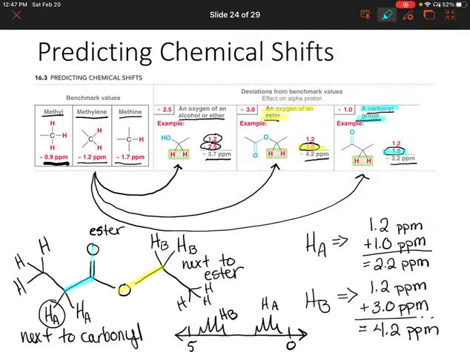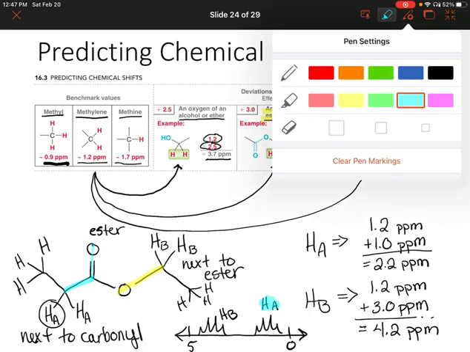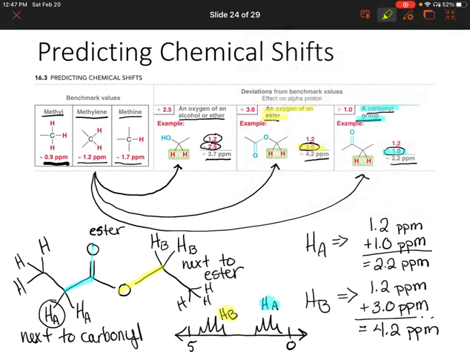All right, so we've got HA and HB, and they're both going to show up as quartets. But their chemical shifts are different because of their position on the molecule and how close they are to specific groups. And I would give you this type of information on an exam.